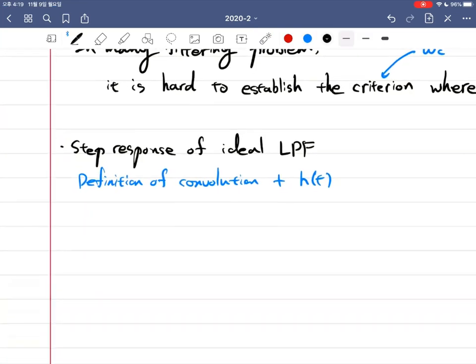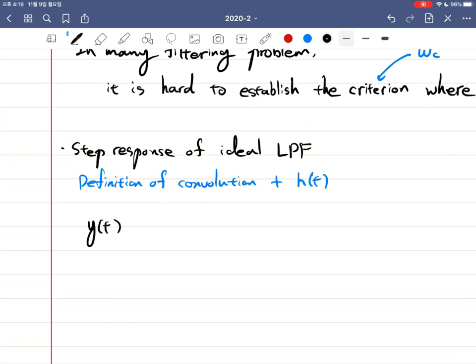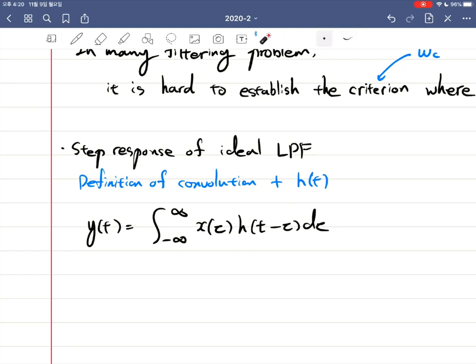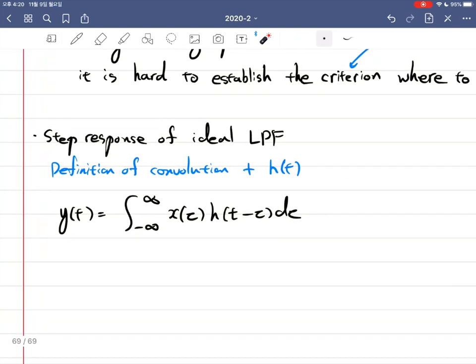So with the definition of convolution, we can say h(t) is a convolution of x(tau) multiplied by h(t minus tau) d tau. So this is the definition of the convolution. And to obtain the step response, the input should be the unit step function, right?